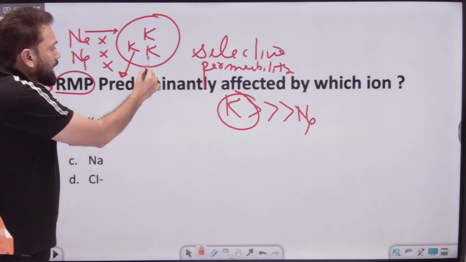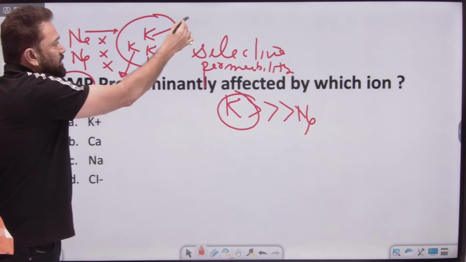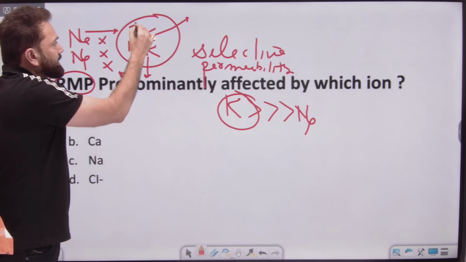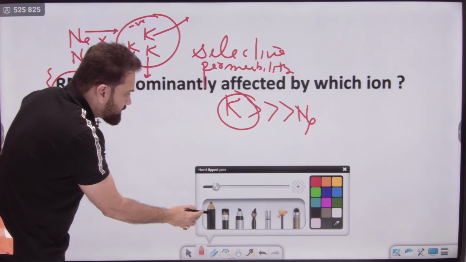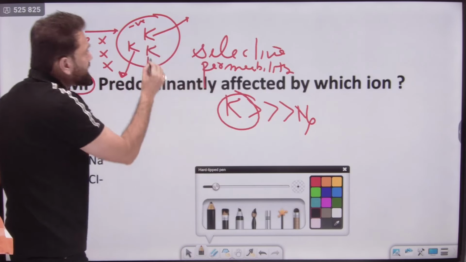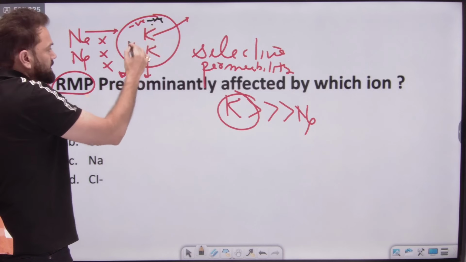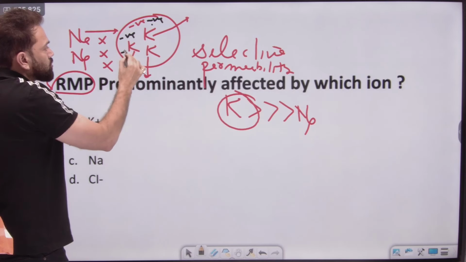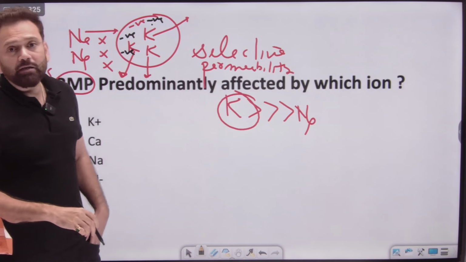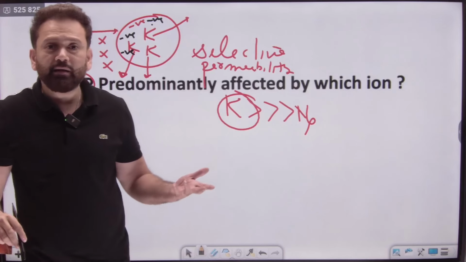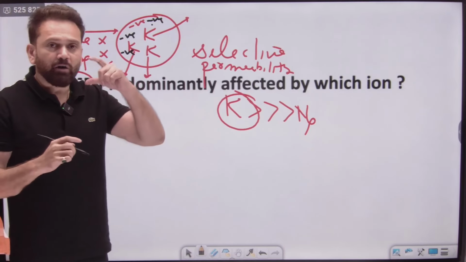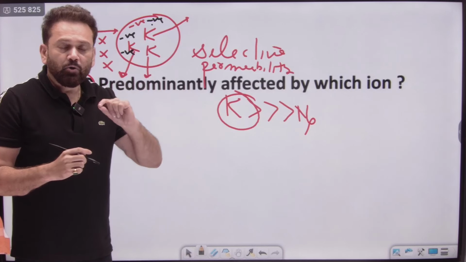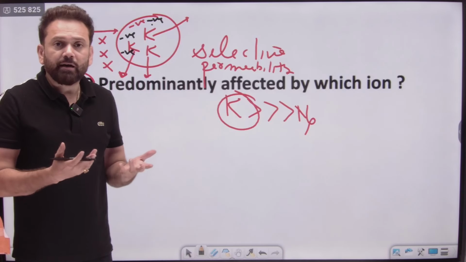Potassium keeps on coming out toward the Nernst equilibrium, and inside will become negative. So what is negative? The negative charge inside the cell membrane is called RMP. Very simple. If you put two electrodes, one outside, one inside, the inside will be negative charge, and it is called RMP.